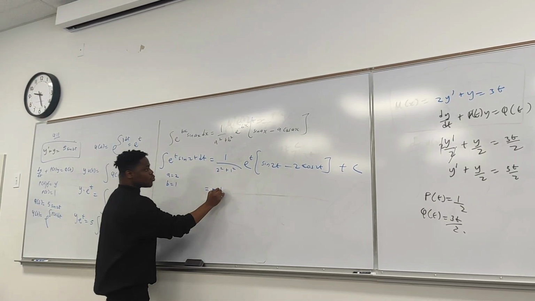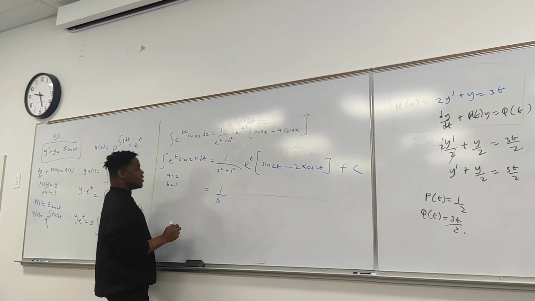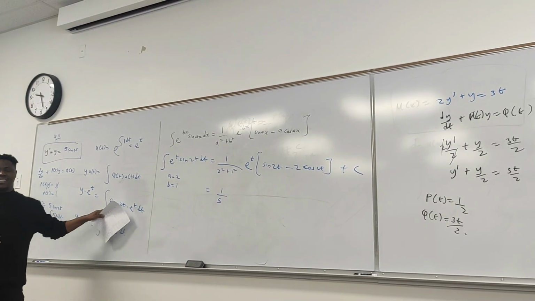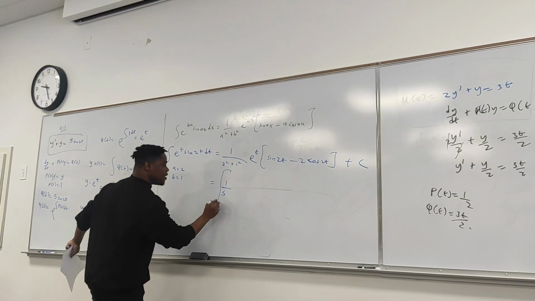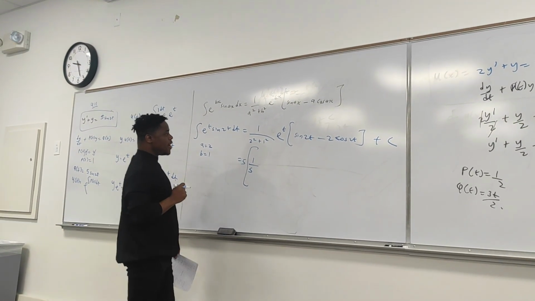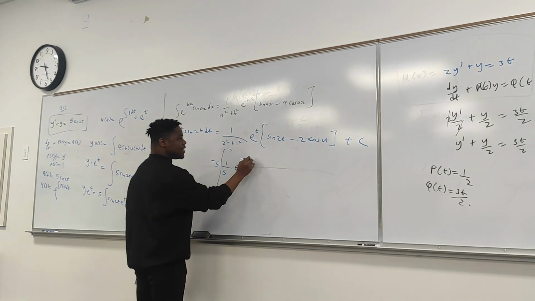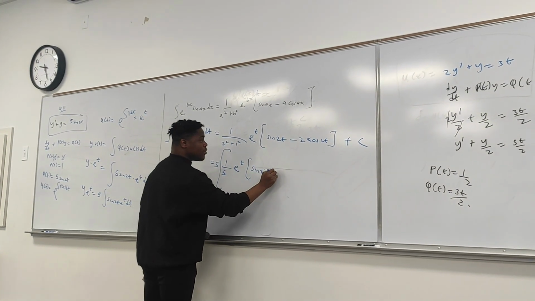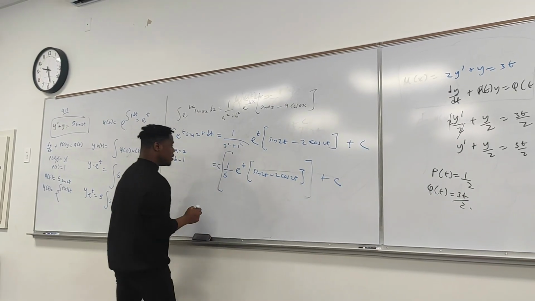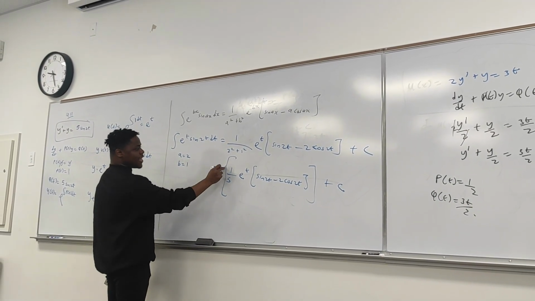So that gives us 1 over 5. Let's not forget that we still have this 5 hanging out somewhere here. So let's put this 5 here. Right? Exponential t sine 2t minus 2 cos 2t plus c. So this guy can get rid of this guy.